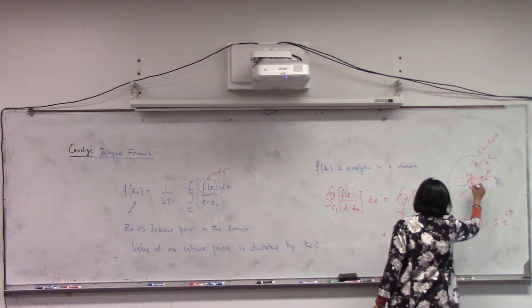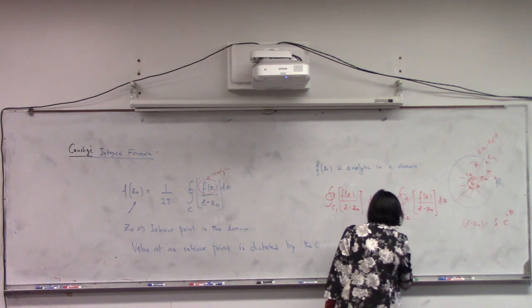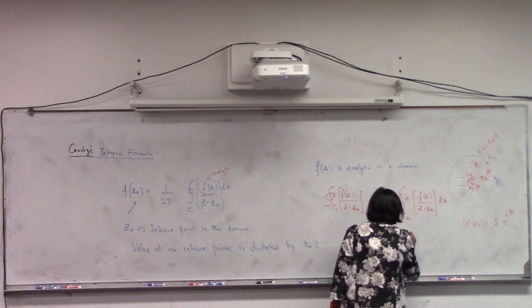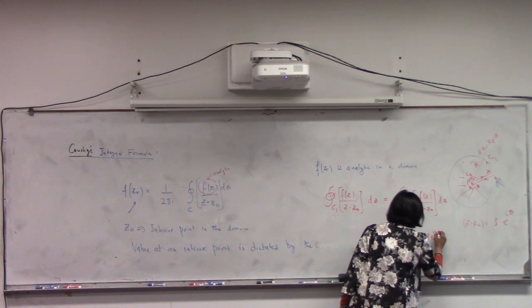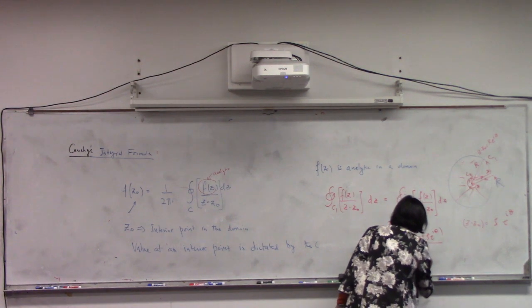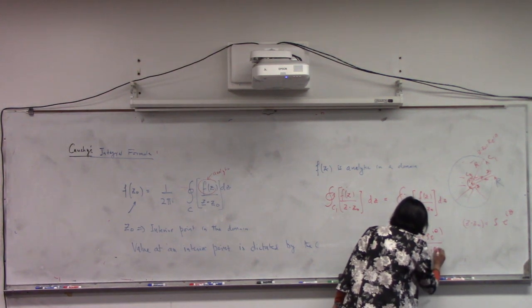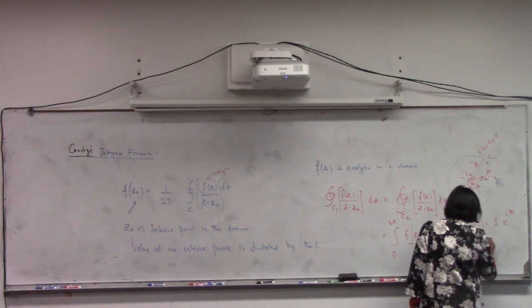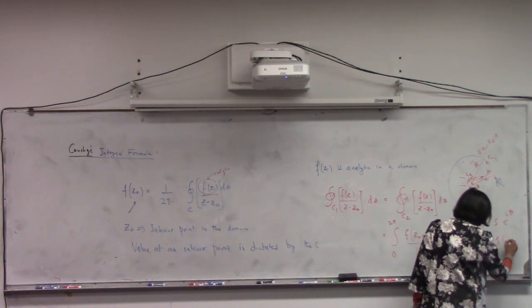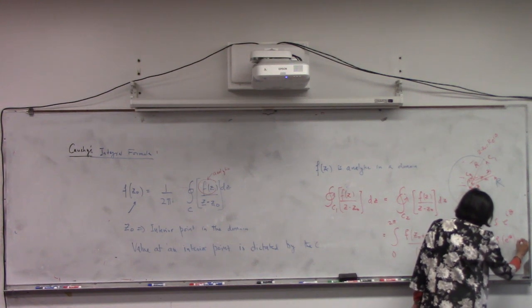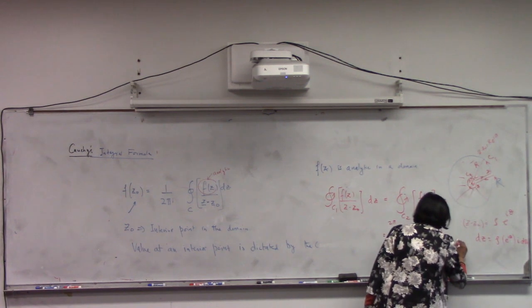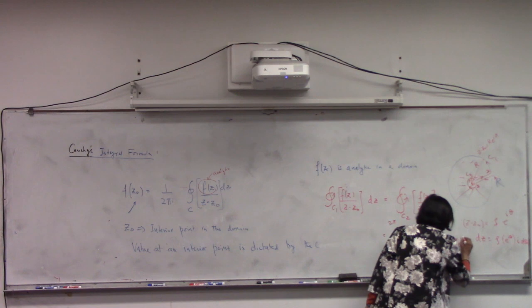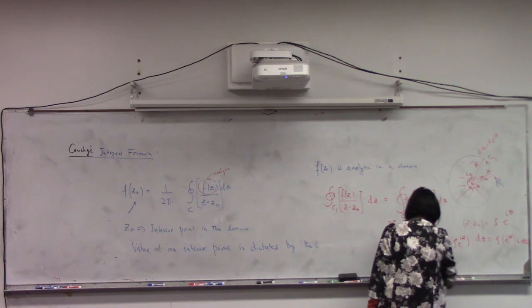Let's say it's on this, so I can write it as 0 to 2 pi of f of z naught plus rho exponential i theta, and this is nothing but rho exponential i theta. dz then is nothing but, rho is constant, so it's rho exponential i theta times i d theta.